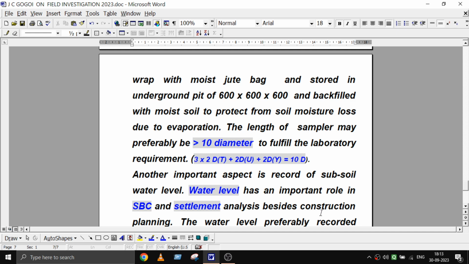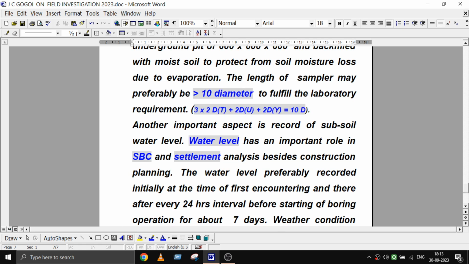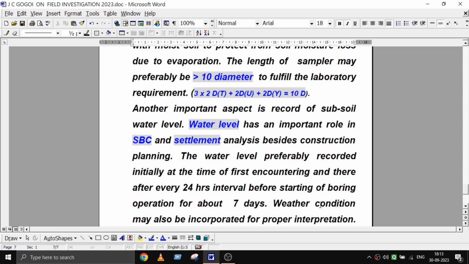The water level shall preferably be recorded initially at the time of encounter, and thereafter at every 24 hours interval before starting the boring operation, for at least 7 days.